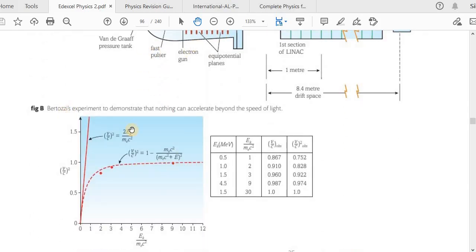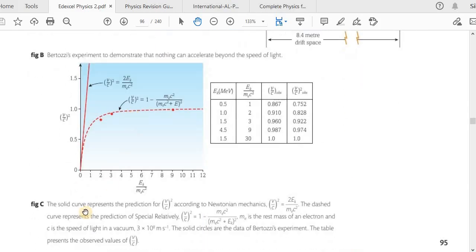So this is what this person found. The solid curve represents the prediction of (v/c) whole squared according to Newtonian mechanics, which is equal to 2 times the kinetic energy divided by the mass of the electron times c squared.